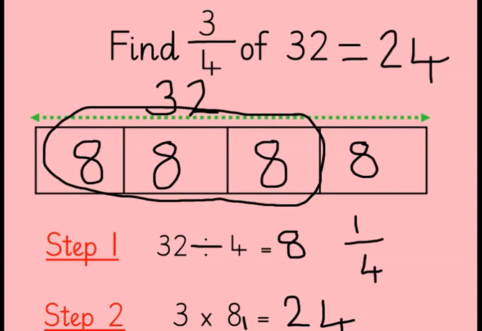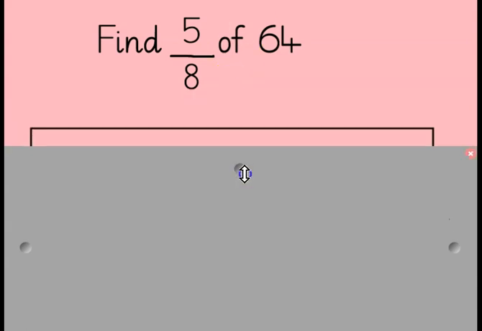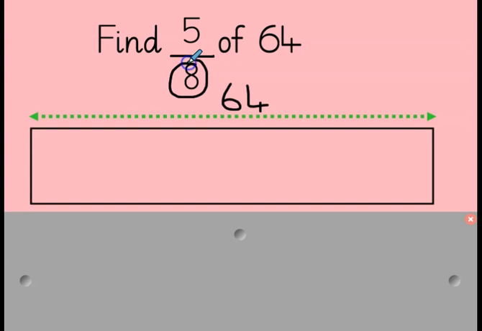Let's do one more question. Okay, so this time I want 5/8 of 64. So go straight to the bar now. I know that my bar is worth 64. Okay, so by looking at the denominator of my fraction, I know that I need to divide my bar into 8 equal pieces.